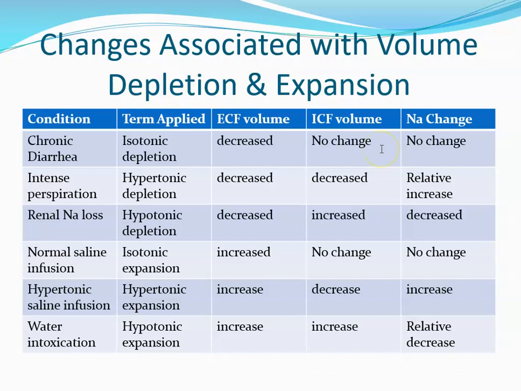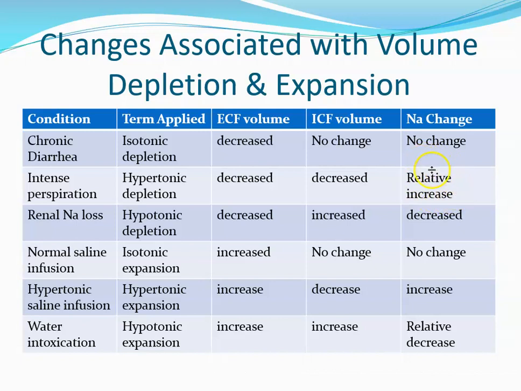With intense perspiration, you are losing water, and usually you lose water to a greater extent than you do sodium. So it is a depletion. You will see a decrease in the ECF as it loses water volume. But because you are losing water faster than sodium, you will see a relative increase in the sodium concentration in the ECF.